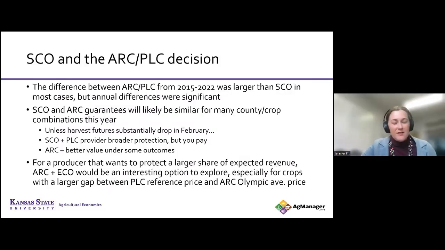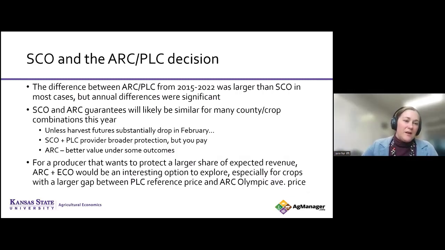To wrap up for SCO and the ARC PLC decision, I think really the question is, is SCO the type of tool I want to use, and then thinking about the implications for ARC or PLC, versus the other way around, since almost everyone that has base acres makes the ARC or PLC decision.